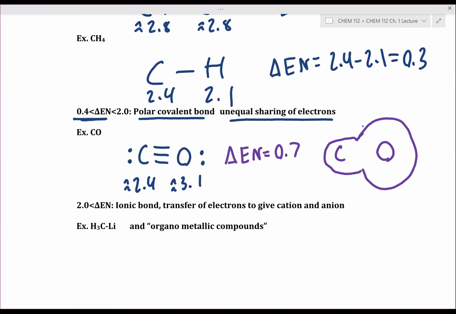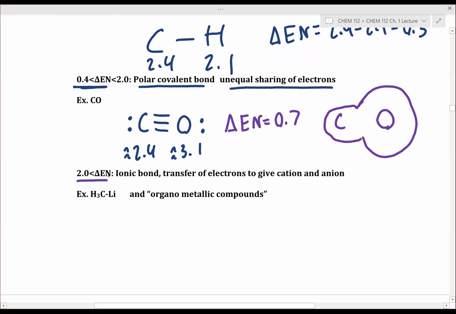Now, this comes up very rarely, but these are an important class of compounds in organic chemistry. If our difference in bond electronegativity is greater than 2.0, we have an ionic bond. This is no longer a sharing of electrons.